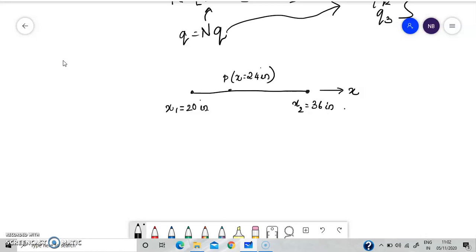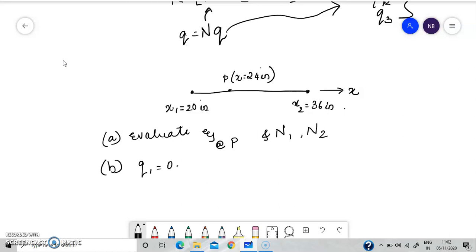Okay, there are two parts of the problem. One is to evaluate the natural coordinate, that is zeta, at the point P and n1, n2. Second, you are given q1 equals 0.003 inches and q2 equals minus 0.005 inches. Determine displacement at P.